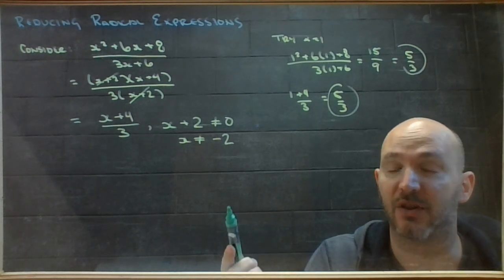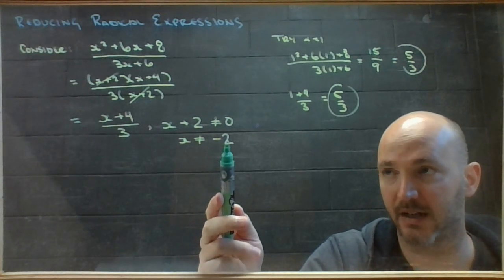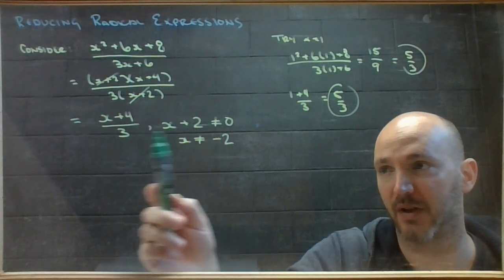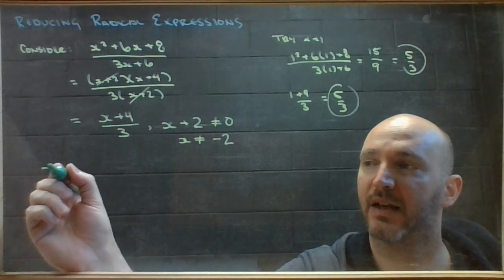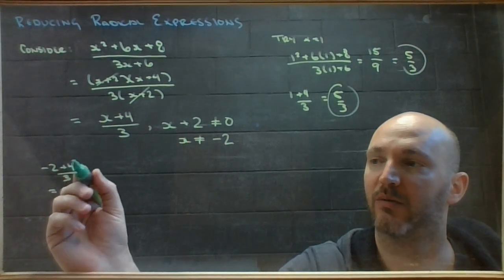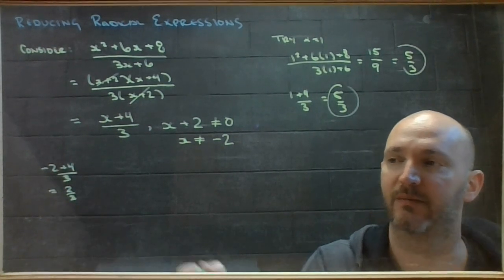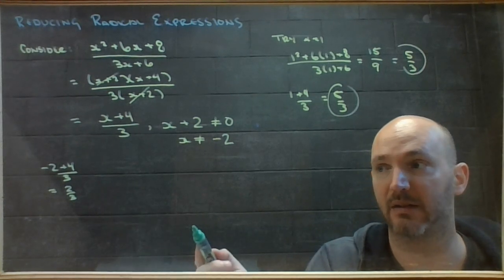So again, just to underscore why you need to write this, I'm going to try putting negative 2 into this expression, and I'm going to try putting it into this expression. So into the bottom one, negative 2 plus 4 over 3 would be 2/3. So that's a number, right? No questions about what the value of that is.